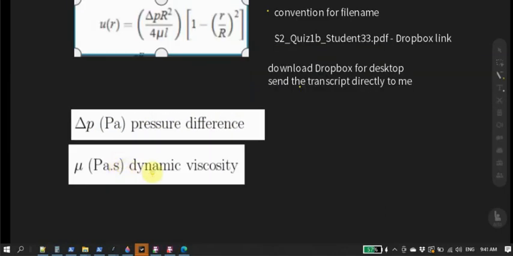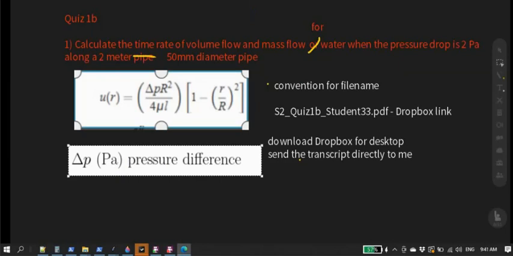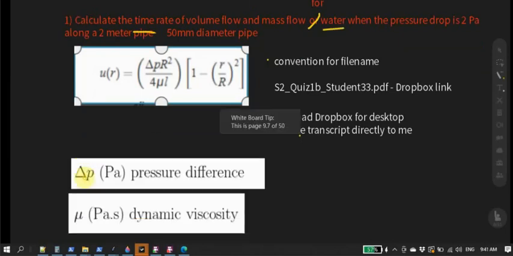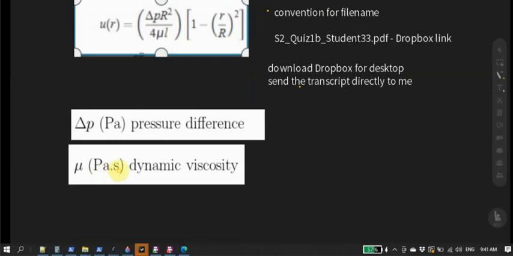And before we go on to describe the pressure differences, I think it's better for me to look at the property of materials. So mu is the dynamic viscosity. The unit of dynamic viscosity is Pascal second.